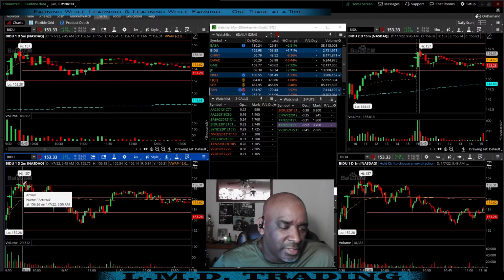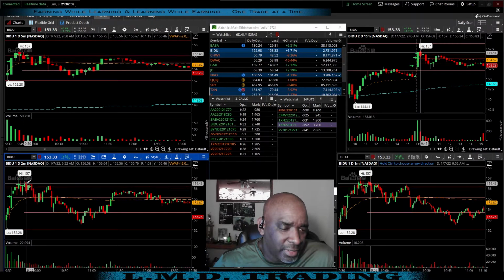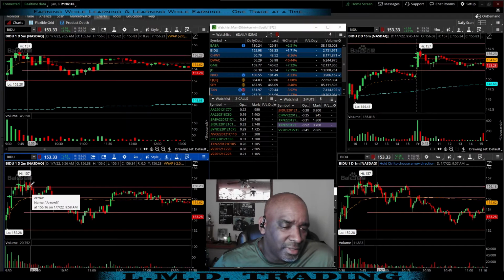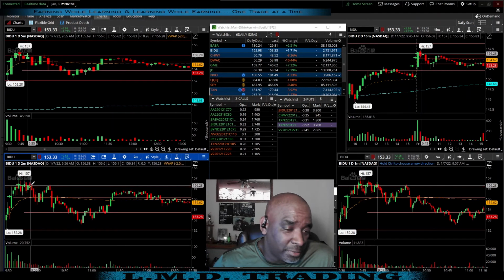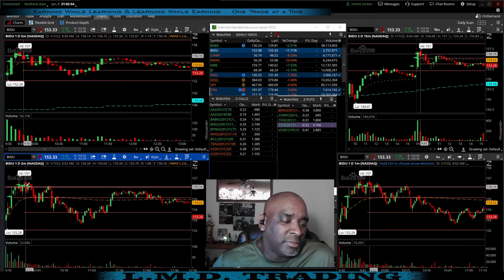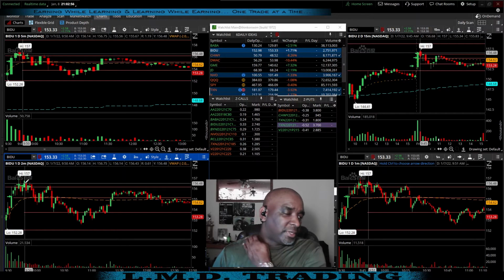And as we saw, it went up and kind of pushed back, and we got out right when it was going to be breaking this area, now being support. But it really was not an area that we should have been getting into the trade at.